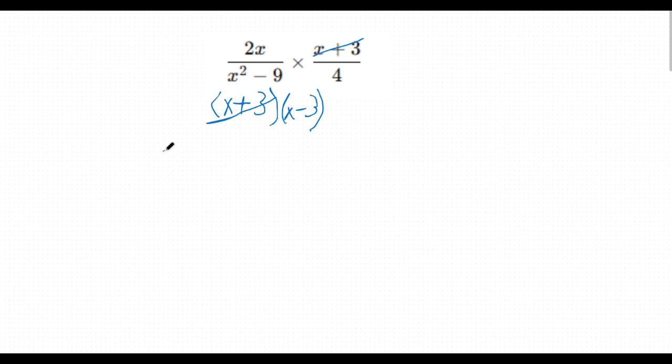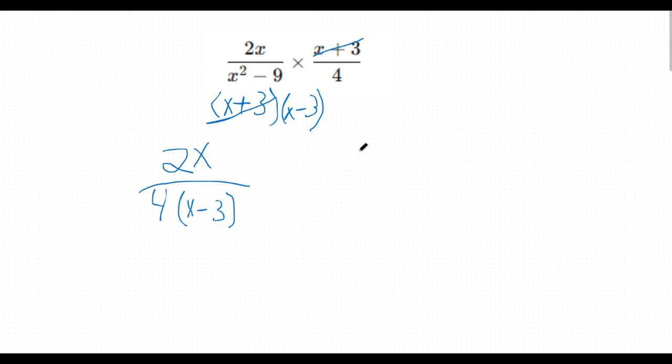And we can go ahead and write 2x over 4 times x minus 3. Yeah, that'll be your final answer there: 2x over 4 multiplied by x minus 3.